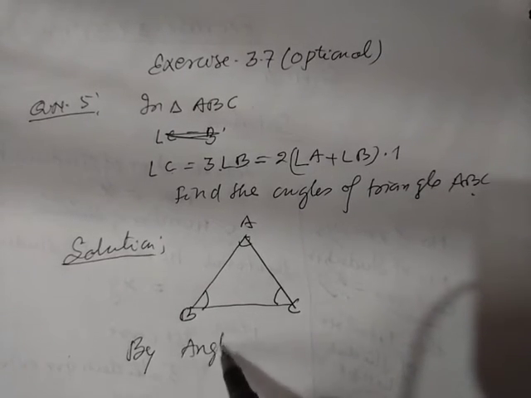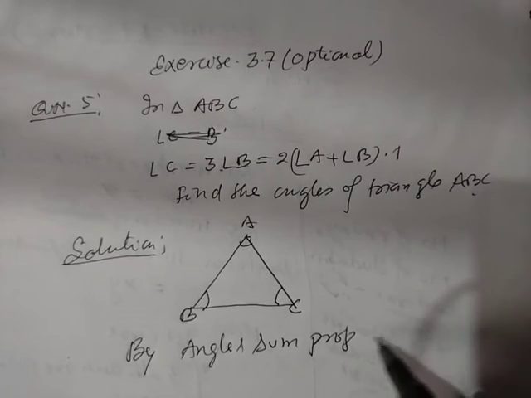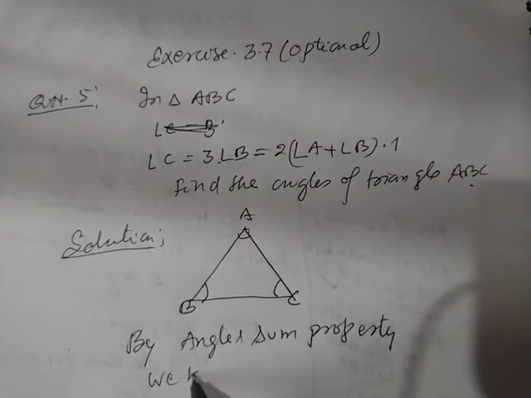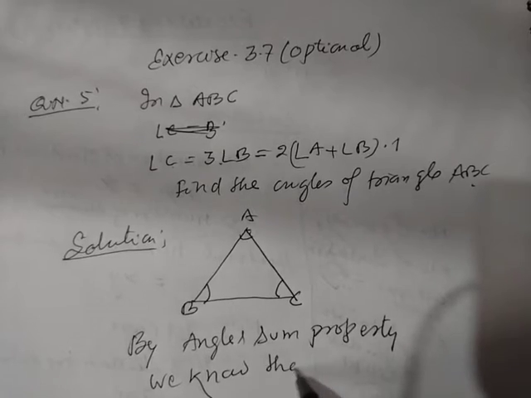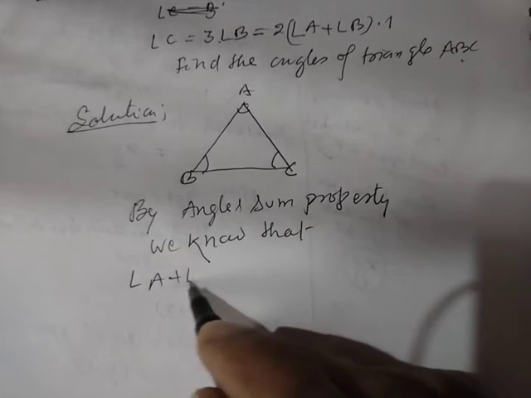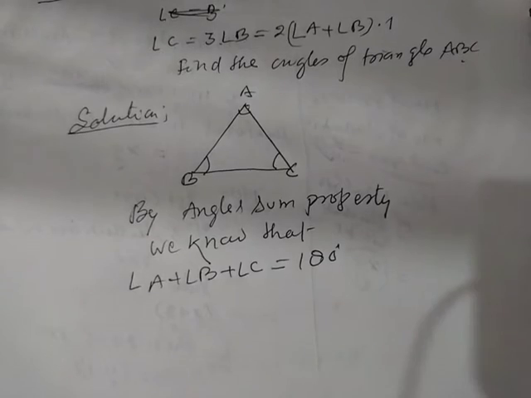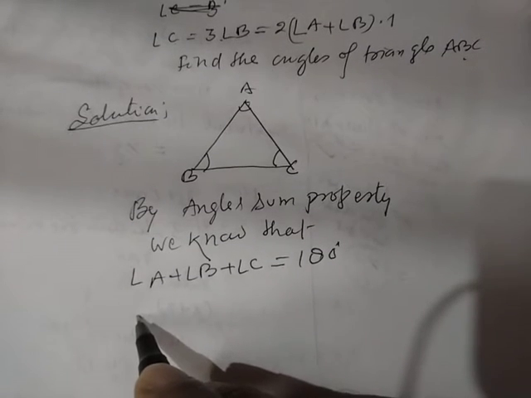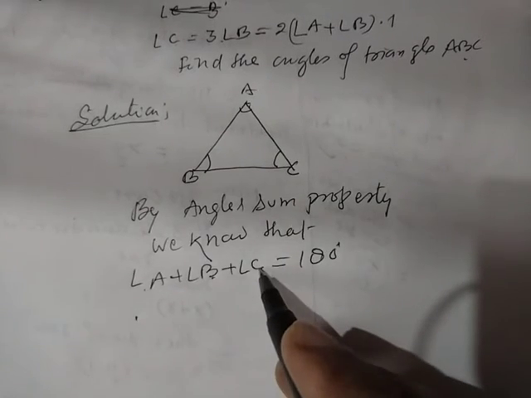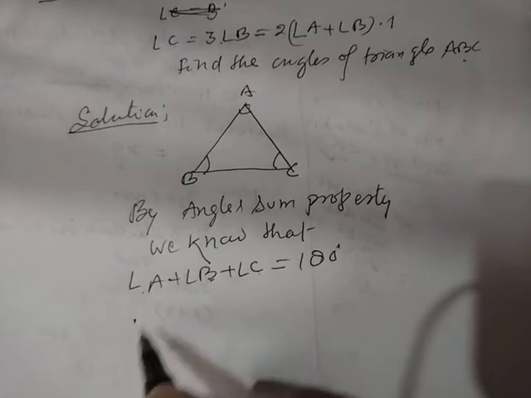By angle sum property, we know that angle A plus angle B plus angle C is equal to 180 degrees.